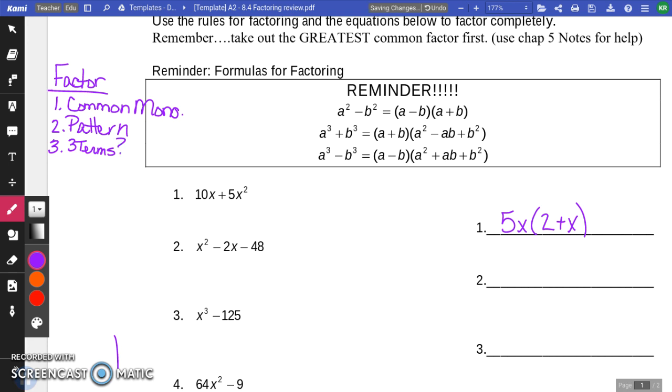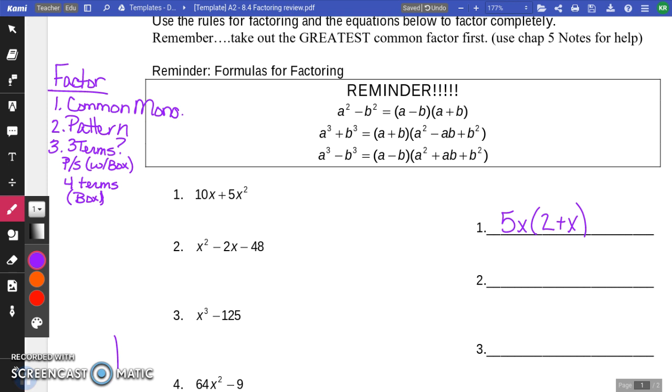If it's 3 terms, then you're going to think product sum table, and then if necessary, you might have to do a box. If it's 4 terms, then you just go directly to your box, see if you can get that factored.